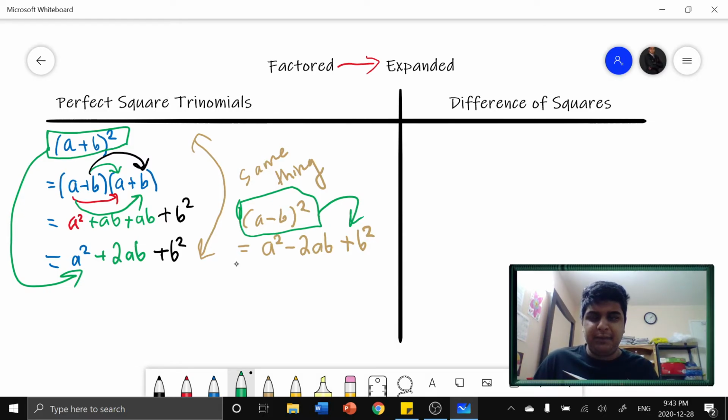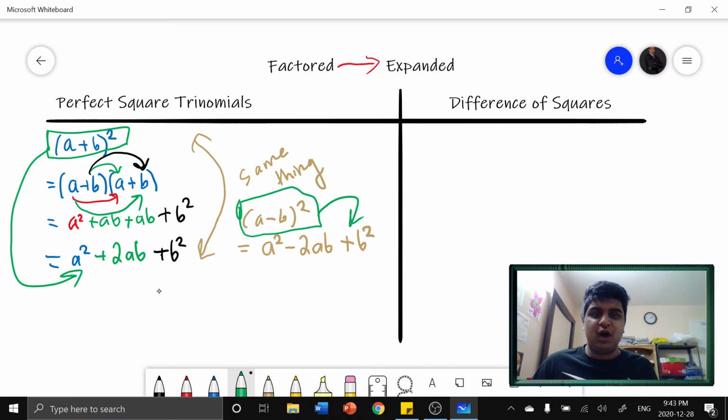We're going to go through a couple of examples in the next slide, but this is just your introduction. More often than not, you will be asked to go from the form down here to the form at the top up here. So it's going to be really good to recognize your perfect square numbers, because it's going to be easy to go back and forth between perfect square trinomials.